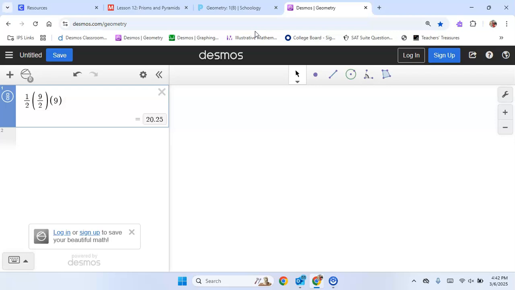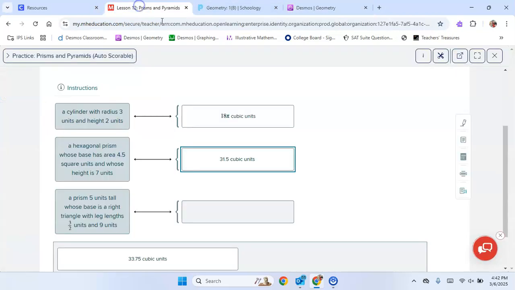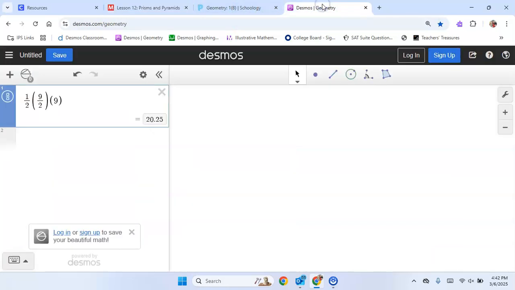And we would take that area and multiply it by the height, which is 5. So that was not 9/2, it was 3/2, which gives us our answer of 33.75.